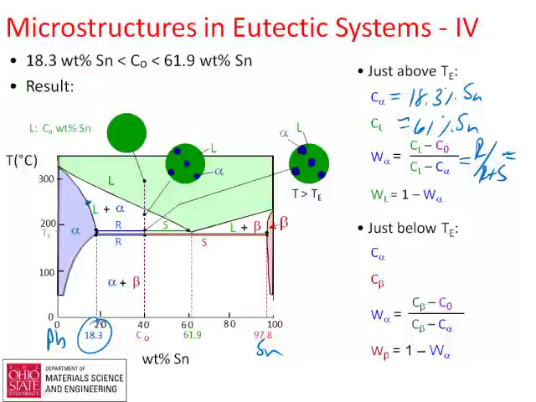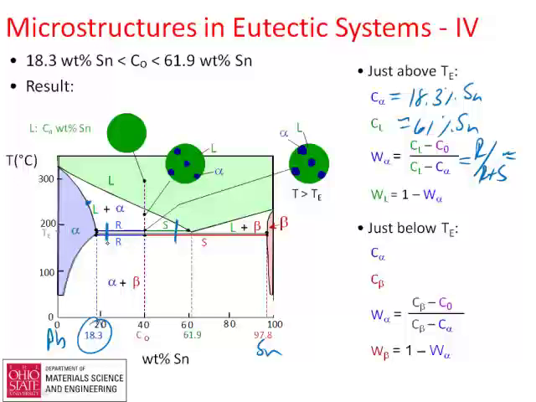Just making sure I'm doing this right. We're asking the question of how much alpha there is, and again, the more alpha you have, the closer you're going to be to this side. If we're over here, we're entirely liquid.